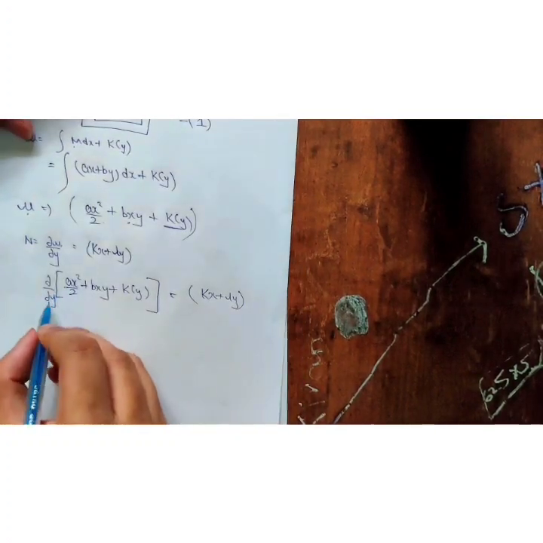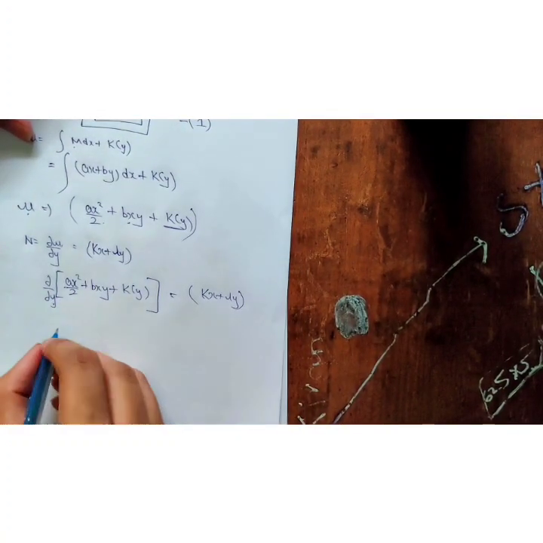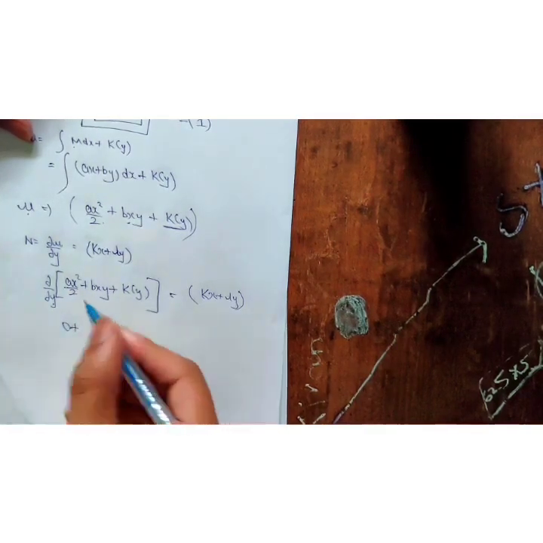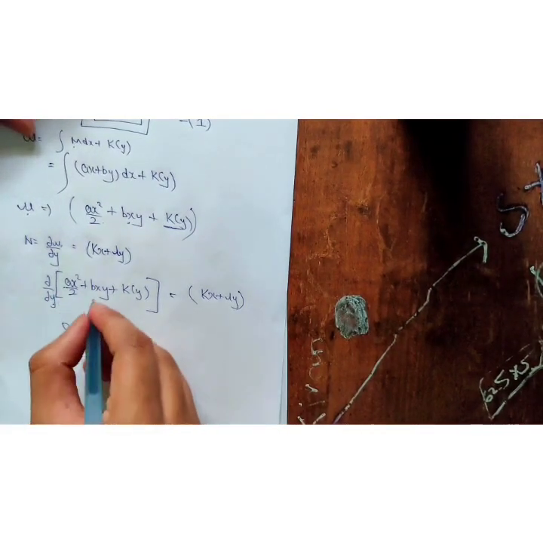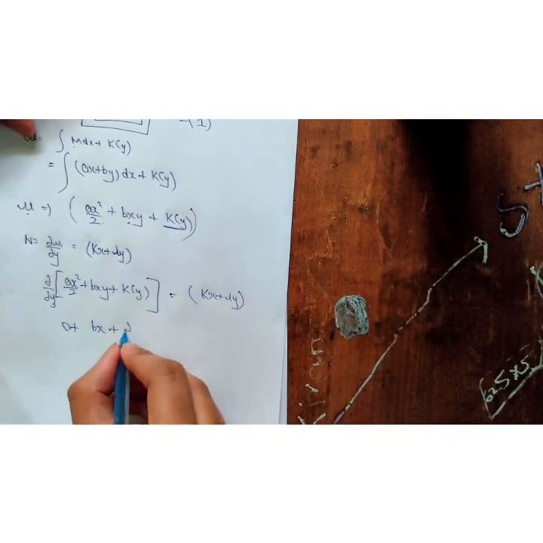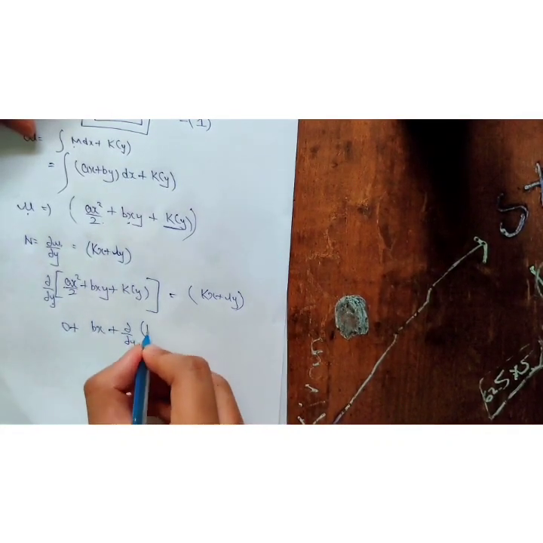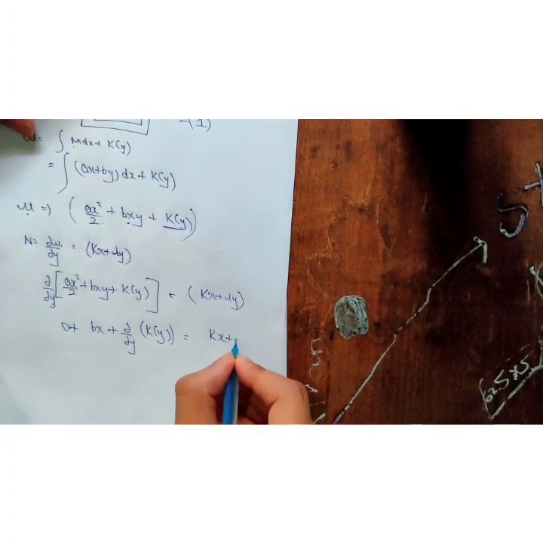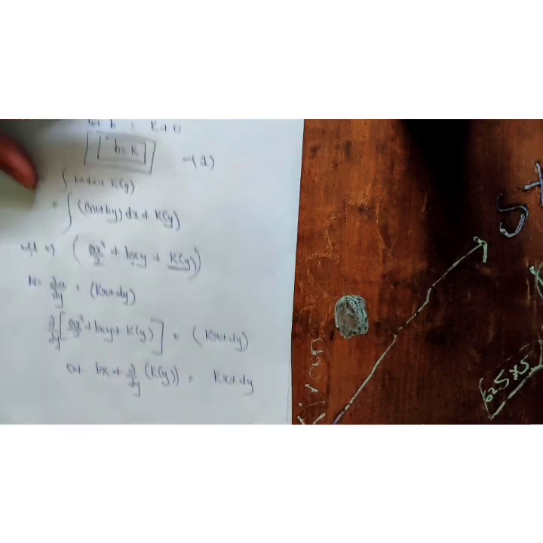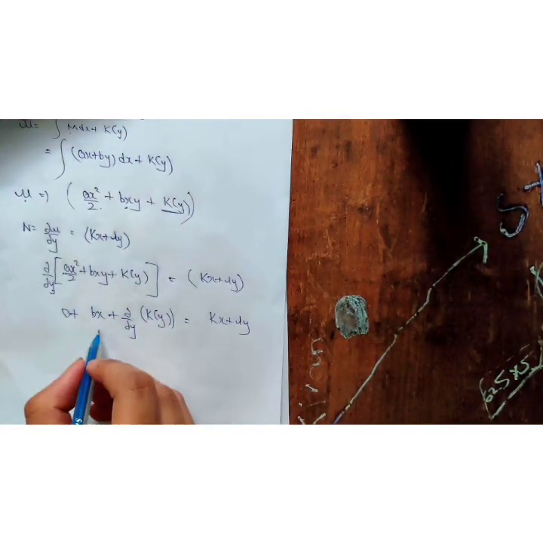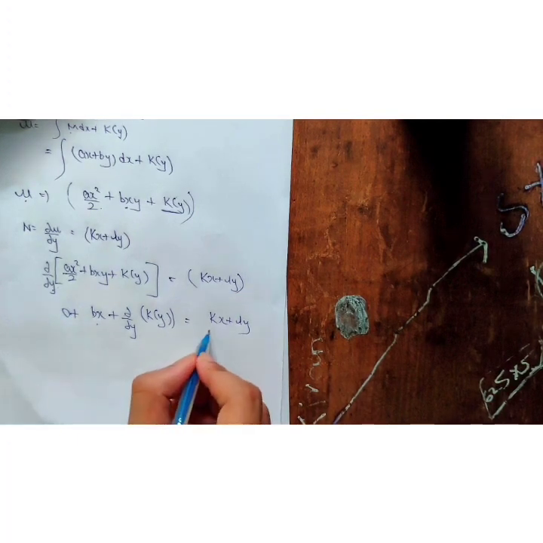With respect to y, the x terms get cancelled. I mean ax squared by 2 with partial derivative with respect to y is 0. Simple. bxy gives bx. And dou by dou y of k of y is equal to kx plus ly. Here guys, we have already proved that b is equal to k. So obviously bx is equal to kx, right?